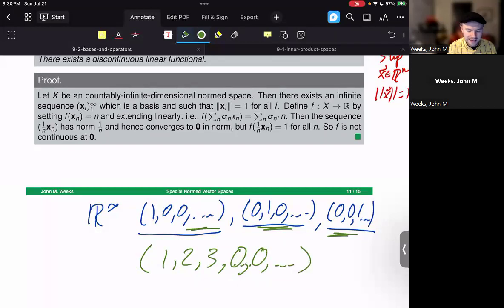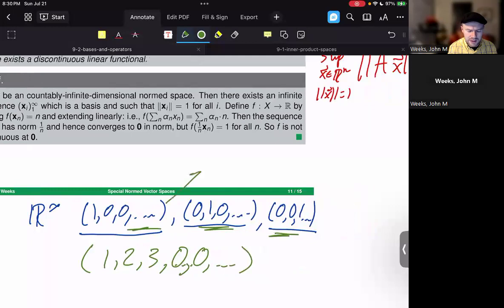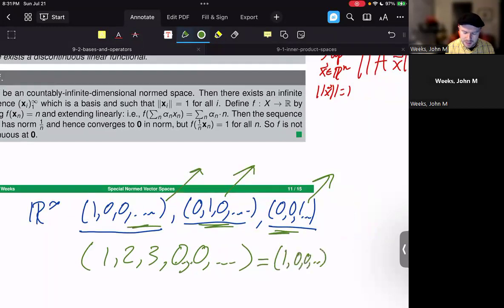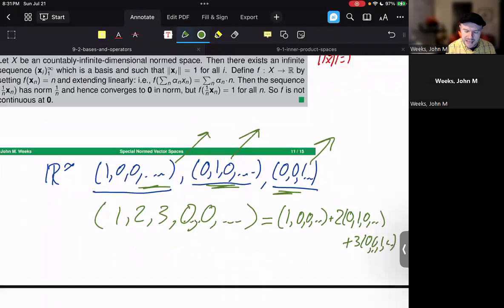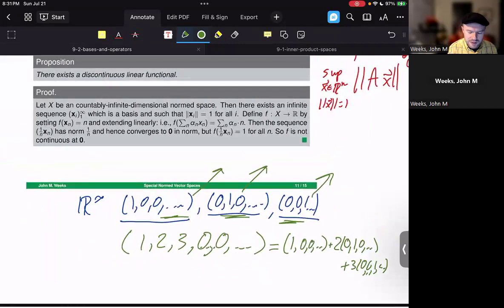And the way that I know that is, if I know where this guy goes, I know where this guy goes, I know where this guy goes, well, then I can write this guy as a linear combination of the first 3. This is 1 times the first basis element, plus 2 times the second basis element, plus 3 times the third basis element. And so because a linear transformation allows you to break up sums and bring scalars outside, if I know what this linear transformation is going to do to this sequence, I know what it is going to do to that.